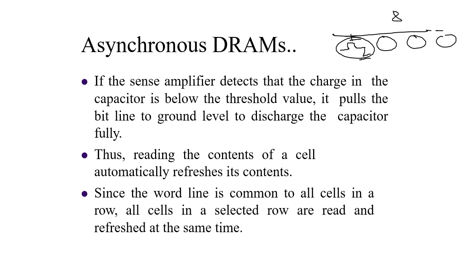For example, if you want an 8-bit DRAM cell, then 8 such cells will be present. Since the word line that connects the individual cells is common, once you read any data, when the word line is made 1, automatically all the cells connected to that particular word line get read and refreshed at the same time. The data present in the capacitor will be read as well as refreshed at the same time.